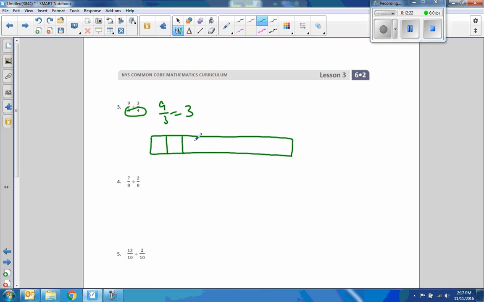One quarter, 2 quarters, 3 quarters, 4 quarters, 5, 6, 7, 8, 9 quarters. That is 9 quarters. And we'll divide by 3 quarters. So there's 3 quarters. There's 3 quarters. There's 3 quarters.